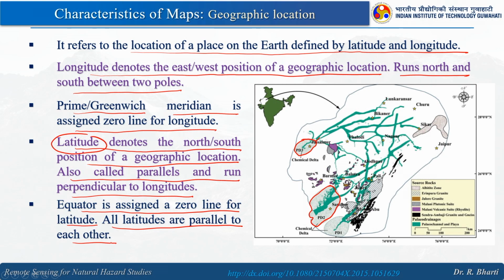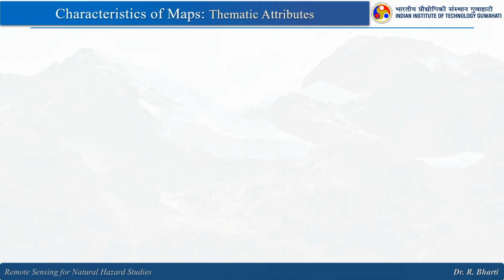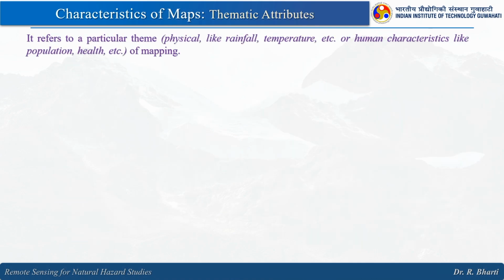Now, based on this latitude and longitude, we are able to identify a particular position or target in the field as well as on the map. Then comes the thematic attribute. A thematic attribute means you are generating a map using a theme, right.